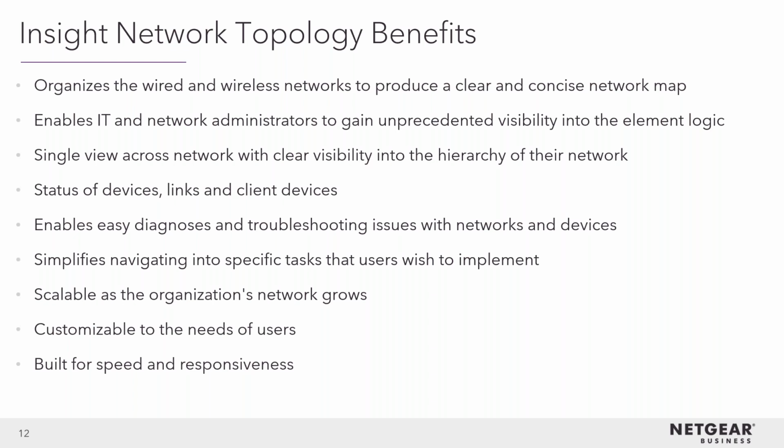When you can see that a client, or an access point, is hanging off a particular switch, perhaps a core switch, and it's hanging off another switch, which is hanging off a router, and when you see where the breakdown is, it really helps you with diagnosing problems that may be there.